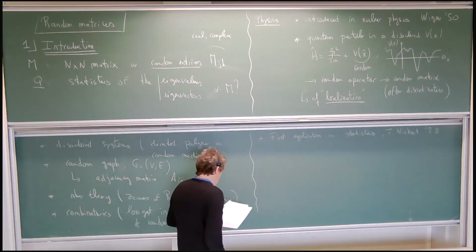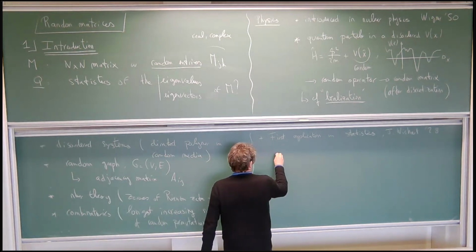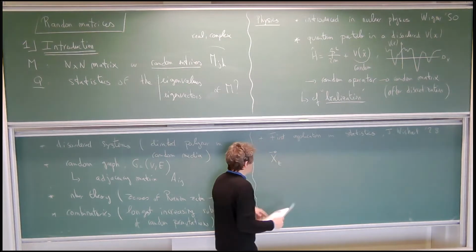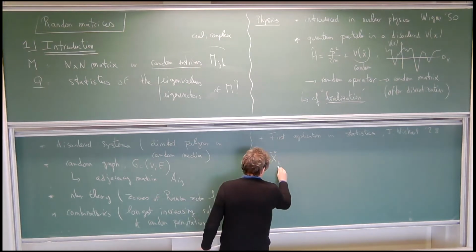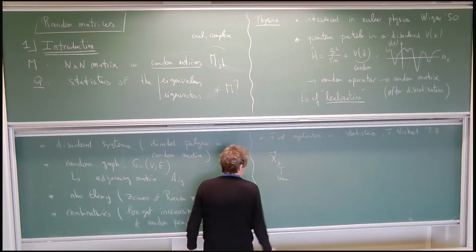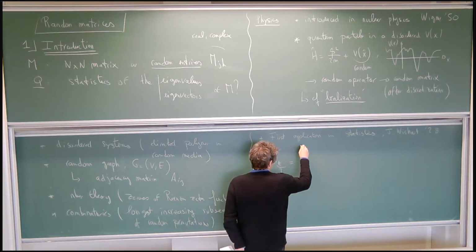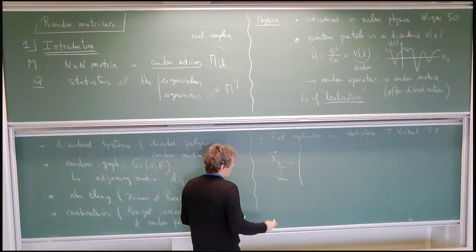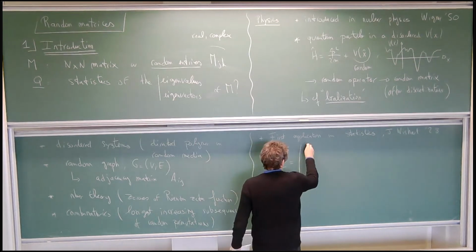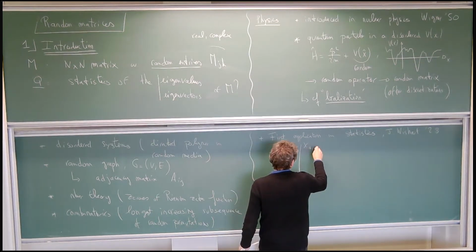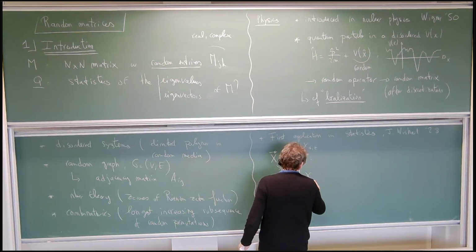So what he had in mind was to look at a vector labeled by t, which might represent time. You might think of t as a discrete time, and x is a vector with, say, capital N entries, which I denote by x_1(t), x_2(t), ..., x_N(t).